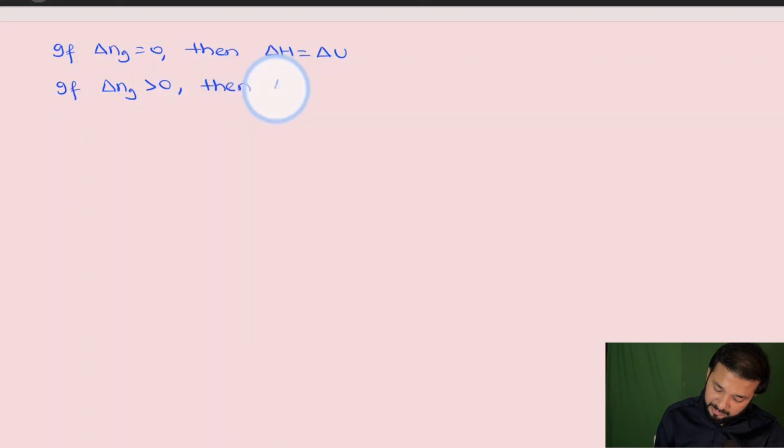If delta Ng is equal to 0, then delta H is equal to delta U. If delta Ng is more than 0, then delta H is more than delta U. And if delta Ng is less than 0, then delta H will be less than delta U.